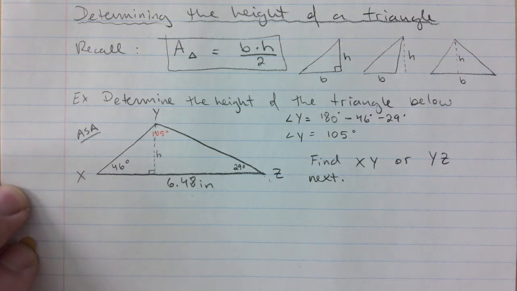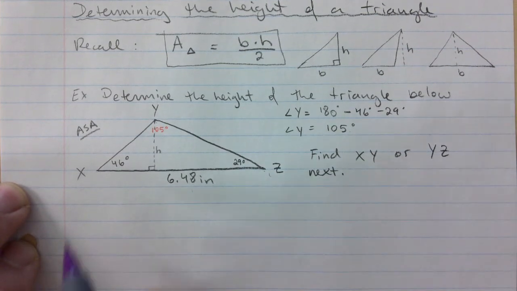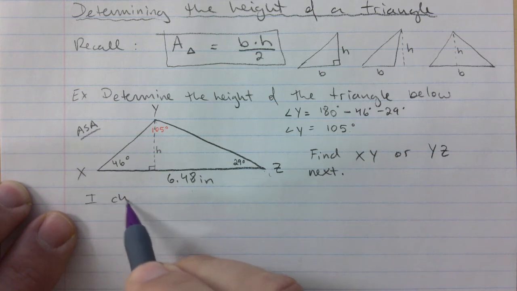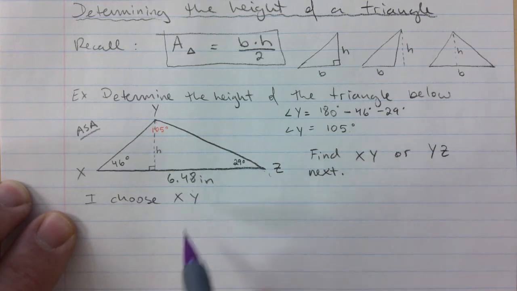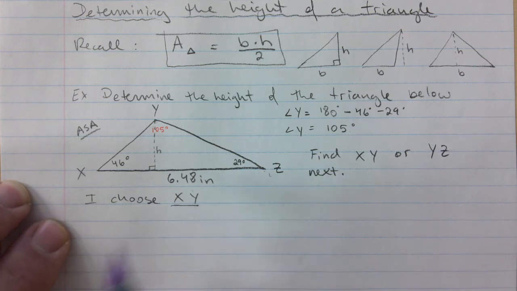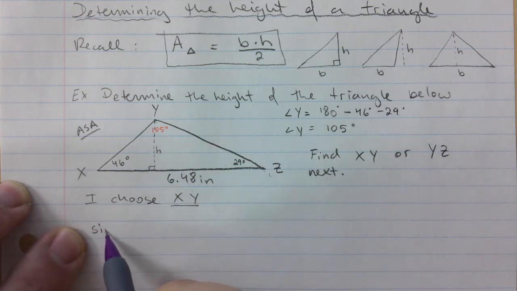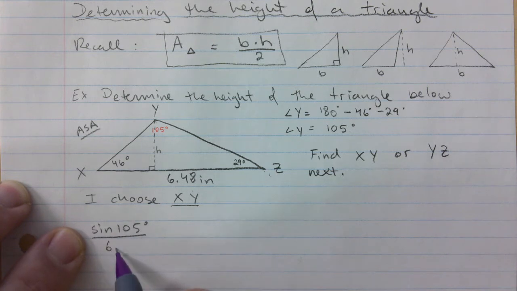And in my notes, I'm finding xy, so we're just going to stick with that. I choose xy. Okay. So here we go with our pair, sine of 105 degrees over 6.48.